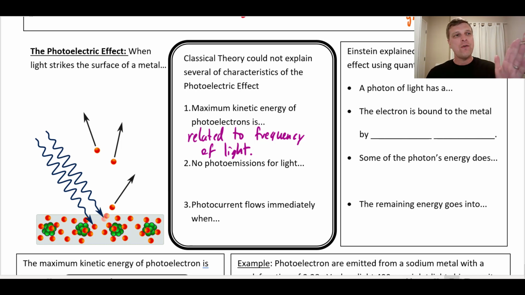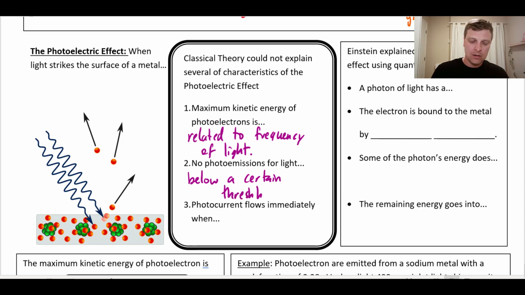Two, there's no photoemission for light below a certain threshold. No matter how much light you shine, light that's below a certain threshold frequency just never produces any photoelectrons.